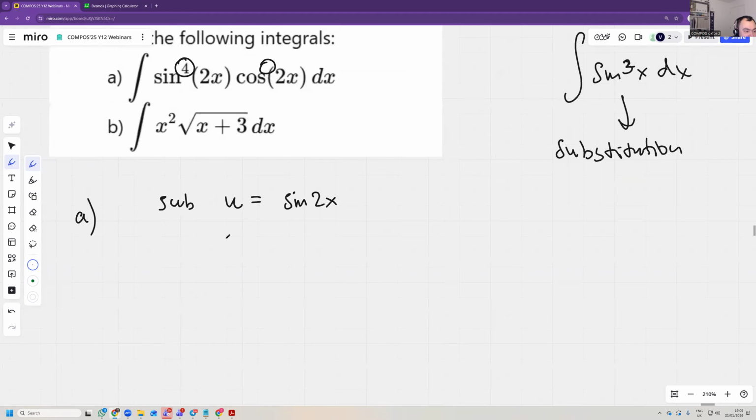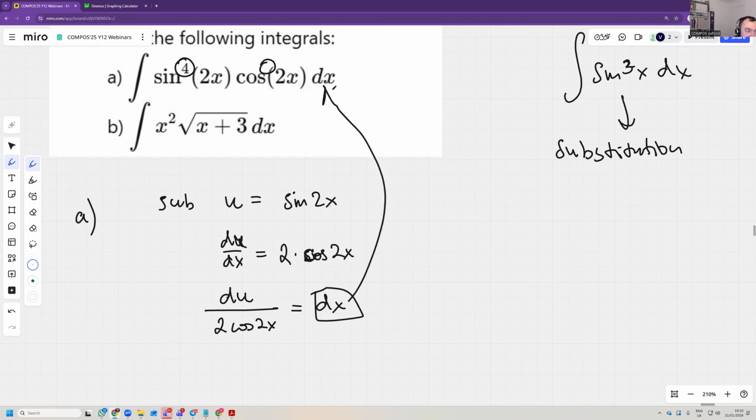Because now I can say du dx, I differentiate that, and that becomes 2, using the chain rule, 2 times cos 2x. You might see a clue here. And now du divided by 2 cos 2x is equal to dx. So I've expressed dx, so now I can substitute dx into this expression.